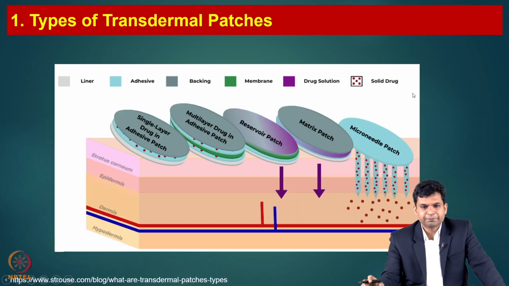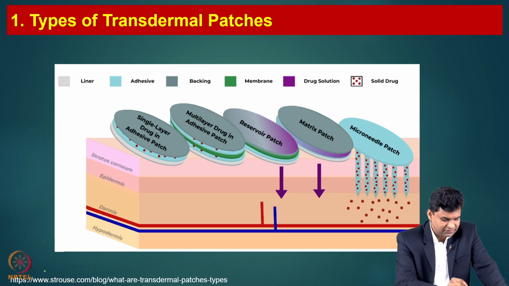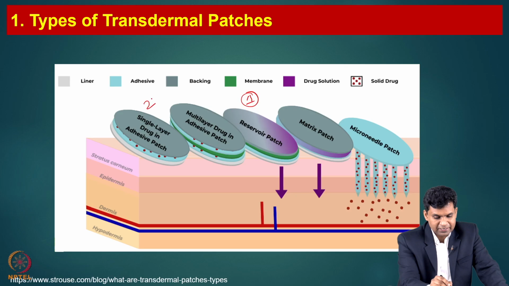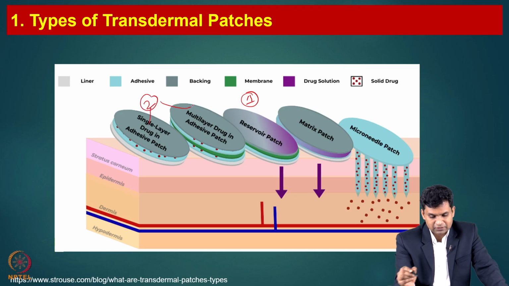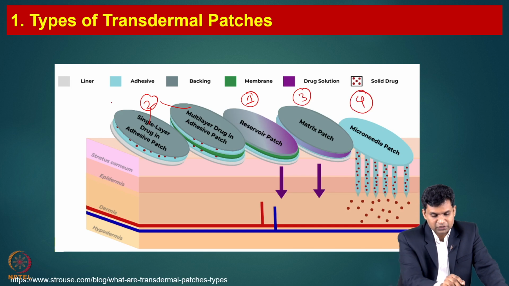Here is the picture representation. First we have the reservoir systems, then the adhesive systems, then the matrix, and then microneedles. You can see the color indication for all these materials.